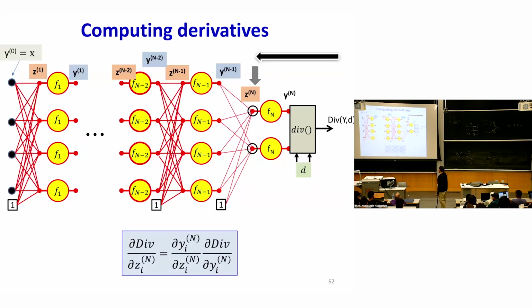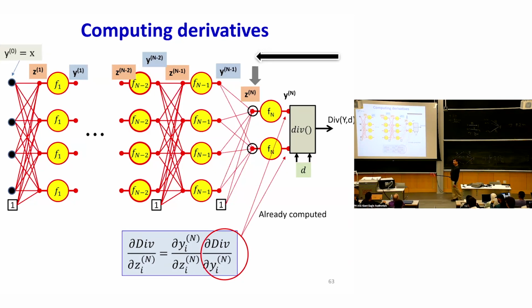So let's apply this over here. We're going to compute the derivative of the divergence with respect to these y and the z, but applying the chain rule, for each z, that's the derivative of the divergence with respect to y times the derivative of y with respect to z. That's just the chain rule. I've written it backwards for reasons you'll see. And the derivative of the divergence with respect to y was already computed because we assume we know this. So the only thing that remains to be computed is this guy.